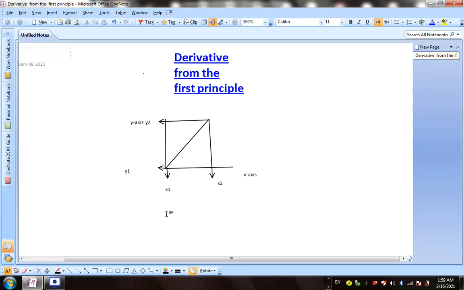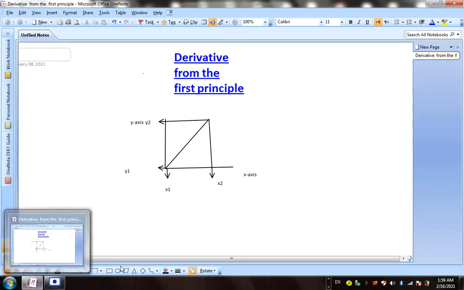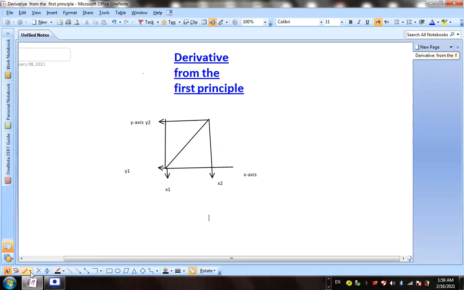Now, so in here, you will see from y1 to y2, there is an increase. Suppose our y1 is 2 and our y2 is 10. There is an increase from this y1 to y2.